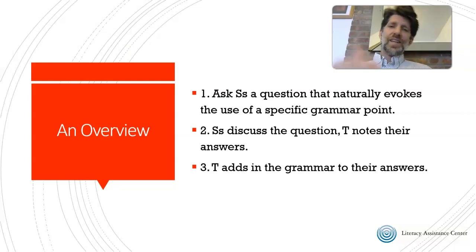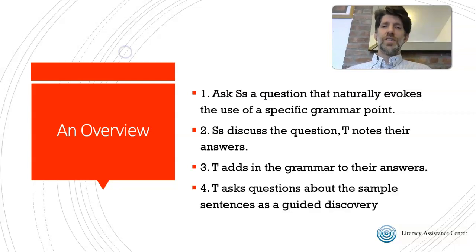After we've got their answers, like in that chart, then I can add the grammar into their answers, and they might start to be able to do that too. And then as a final step of this presentation, I would ask questions about the sample sentences that we created together as a guided discovery to help them understand the grammar more clearly, and so that I can assess their understanding of the grammar as well.